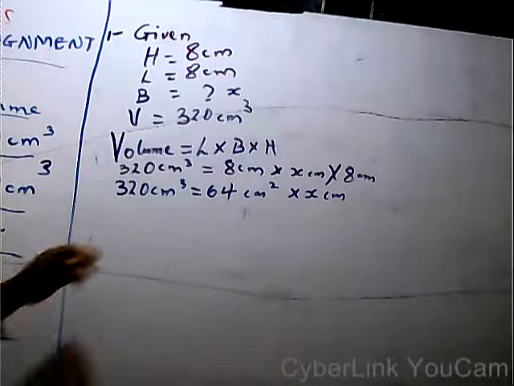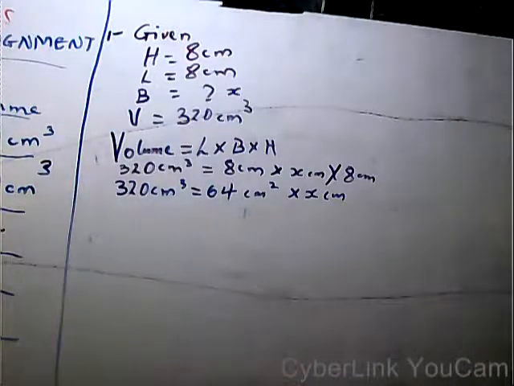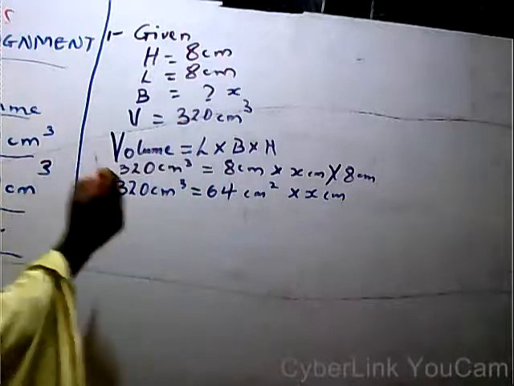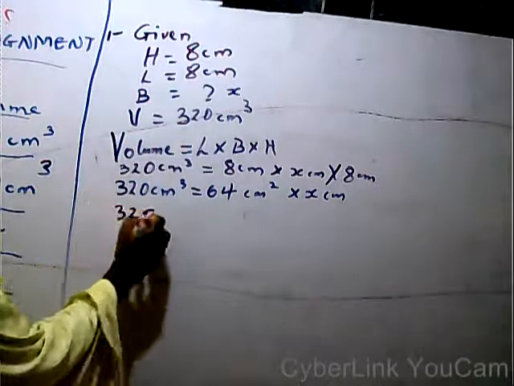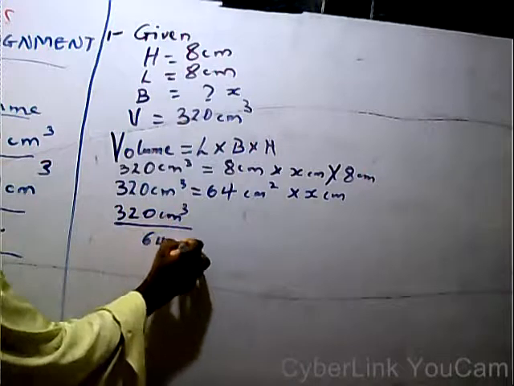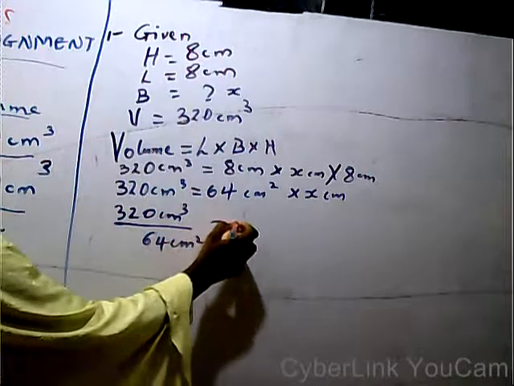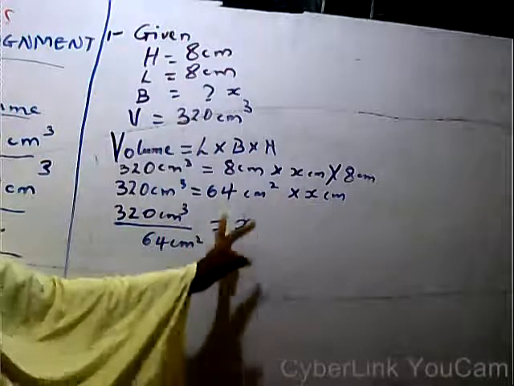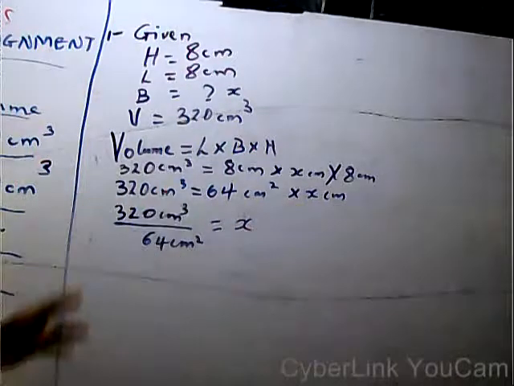Now, to make my x the subject of the formula, I need to divide through by this 64. Then we now have 320 centimeter cube over 64 centimeter square, which is equal to x. That remains here. Divide this by 64, divide this by 64.